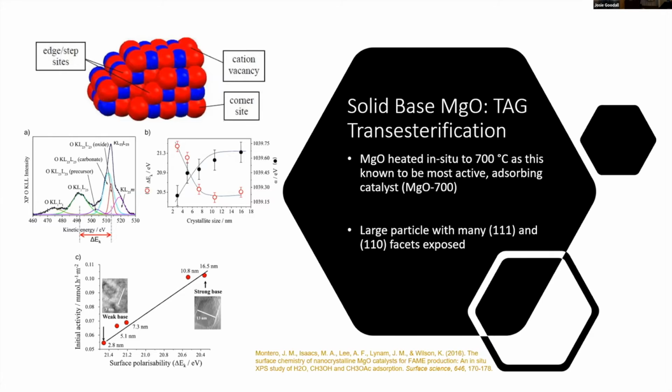The rock salt structure generally prefers 100 exposed facets, which are quite weakly basic and don't interact very strongly with the reactants. When you calcine those at higher temperatures, you start to improve the reactivity, introduce more defects and expose more of the more active 111 and 110.